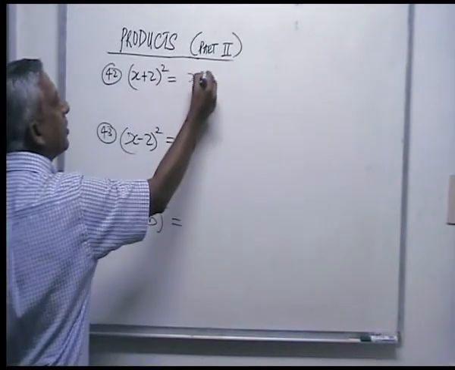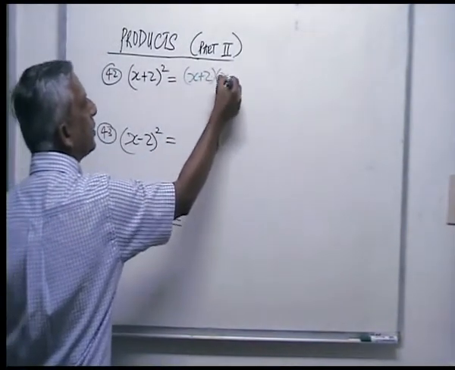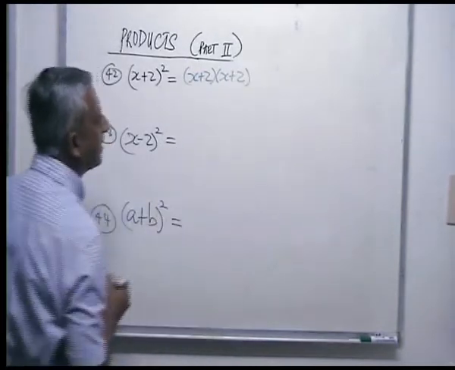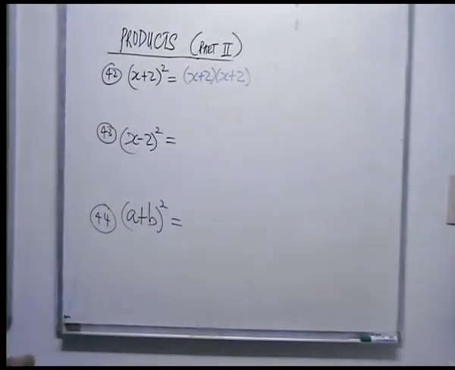And so the first thing you did is you wrote the bracket down 2 times. Okay, and after you wrote it down 2 times, everything else was normal.